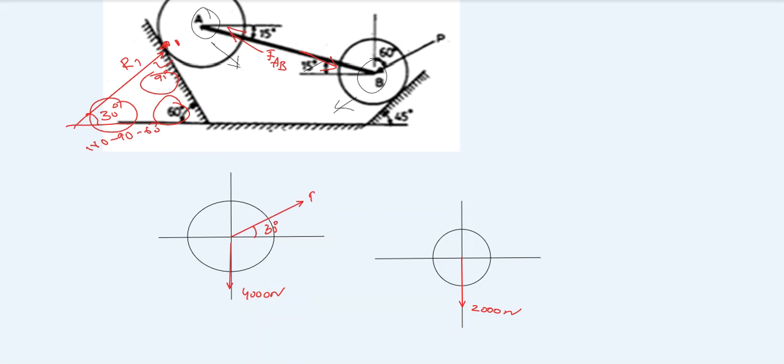The force is R1. I didn't change anything. This is in the first quadrant. Here also it is in the first quadrant. It makes an angle of 30 degrees with the horizontal, or it makes an angle of 60 degrees to the vertical. This is a vertical surface, right? So for the vertical surface, this is 60 degrees. You can draw this as 60 degrees with the vertical surface. In this way you can draw.